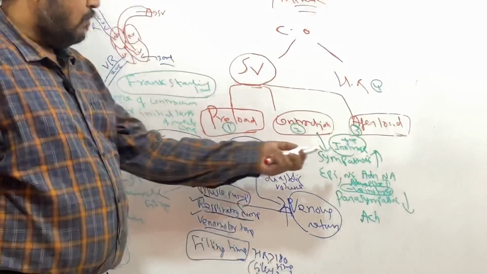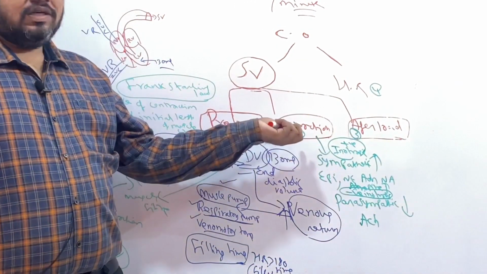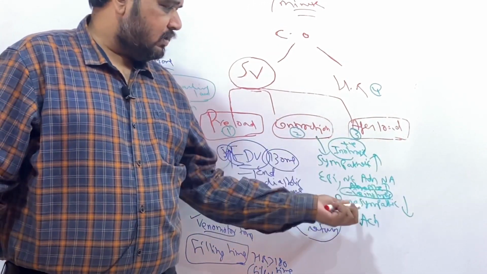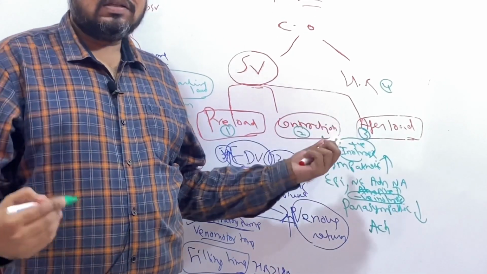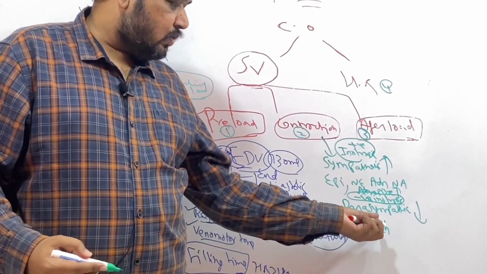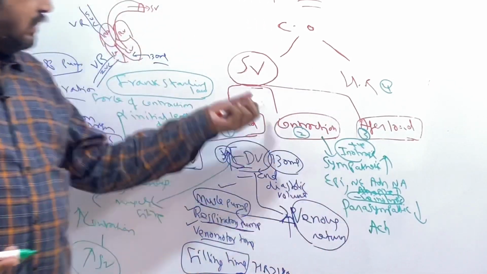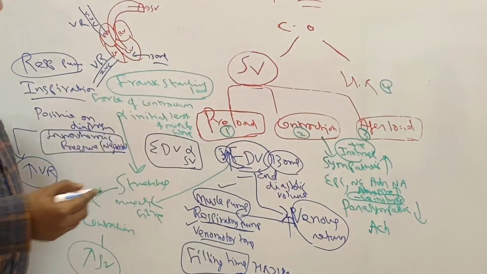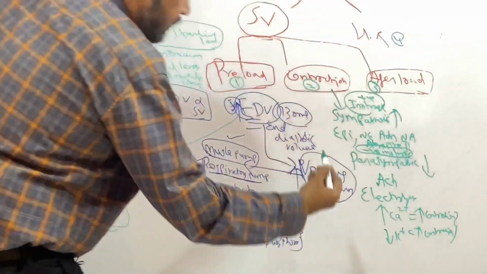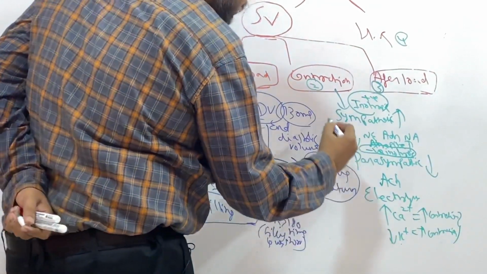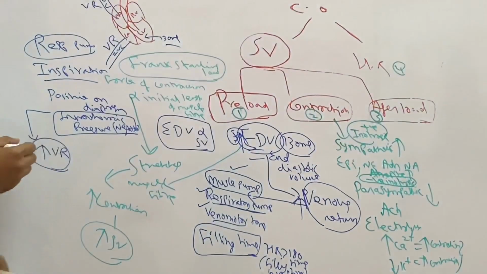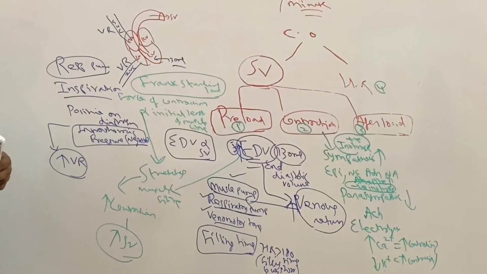Positive inotropic means which causes contraction, negative inotropic means which causes less contraction or relaxation. So acetylcholine is one of the drugs which is negative inotropic. So acetylcholine will decrease the stroke volume. And many drugs are there like digitalis, which causes increased contraction.